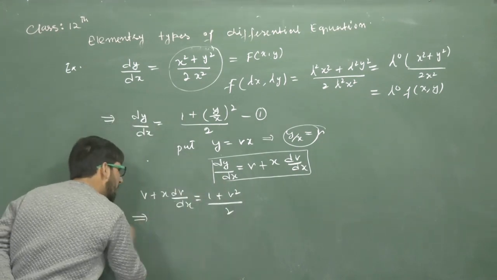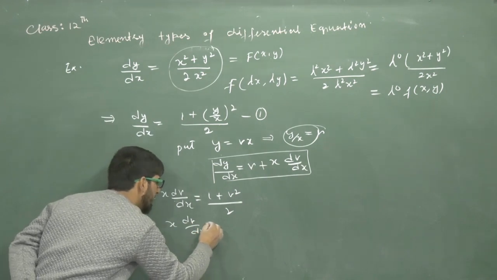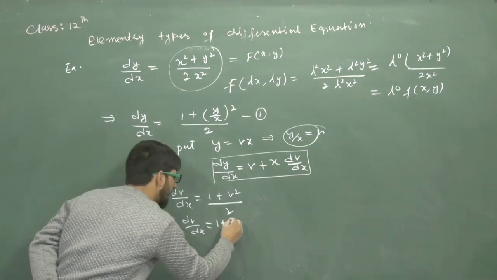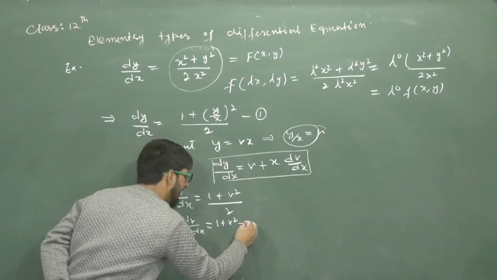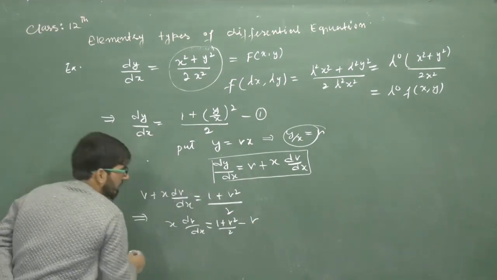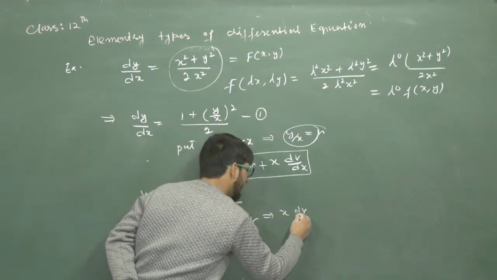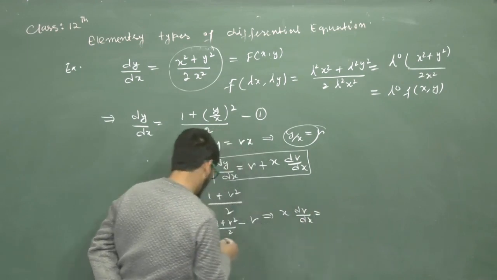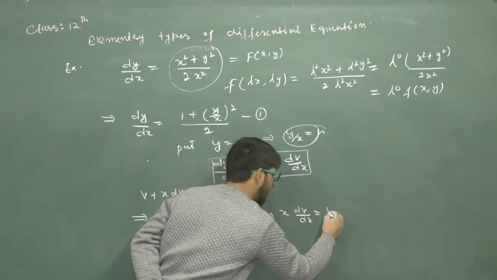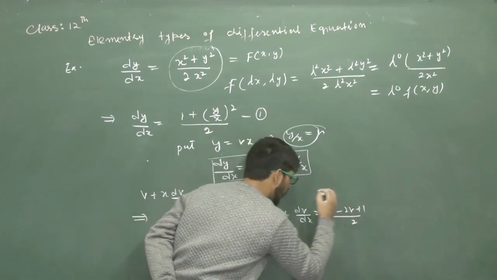So separating variables here, we have x times dv by dx is equal to (1 plus v square minus 2v) divided by 2, which can be written as (v square minus 2v plus 1) divided by 2.